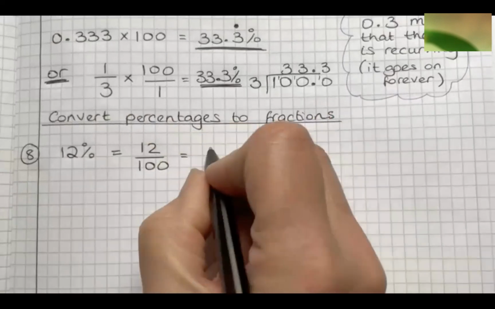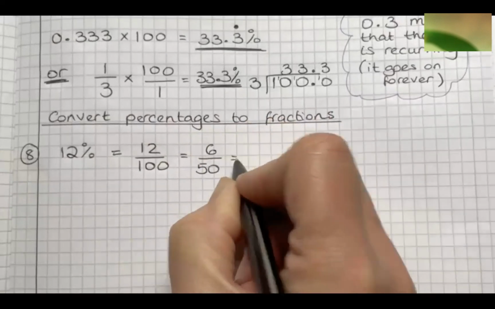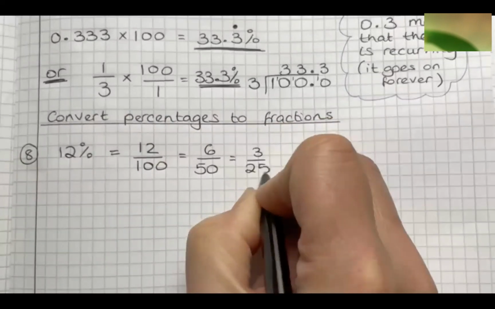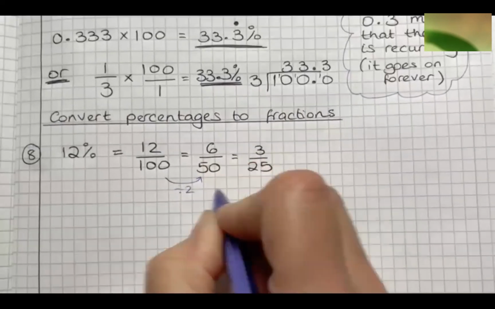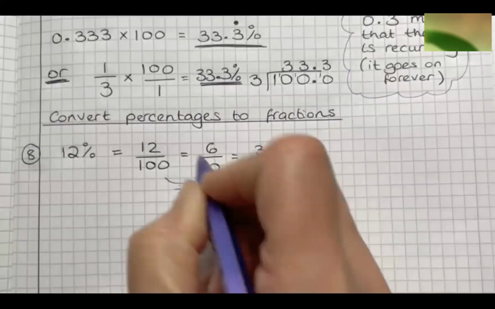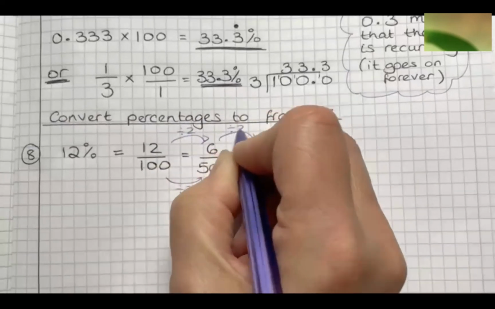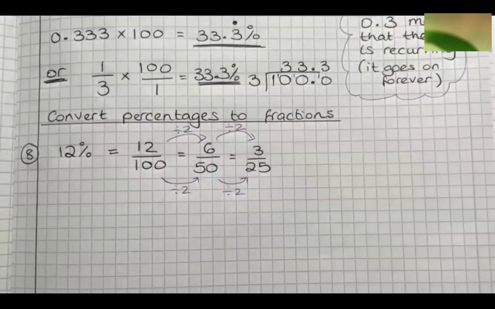And now I can simplify that down using equivalent fractions to 6 over 50, and I can simplify that again to 3 over 25. So simply dividing the denominator and the numerator by 2 and then by 2 again, or again, I could have divided by 4 straight away.